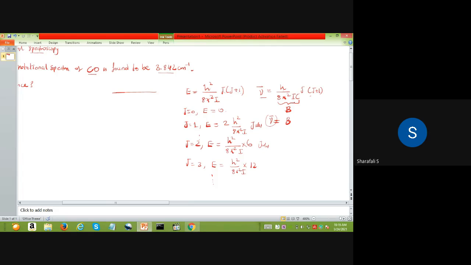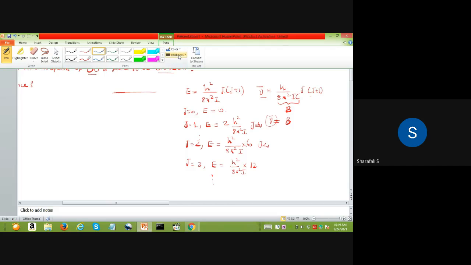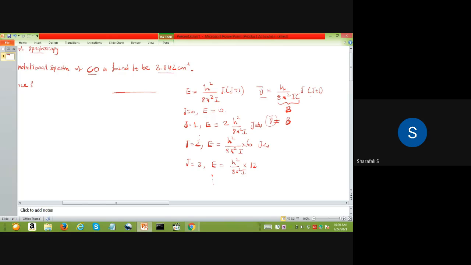I will replace this nu bar with E bar, because it may cause some confusion. This E bar is in centimeter inverse, in terms of wave number.